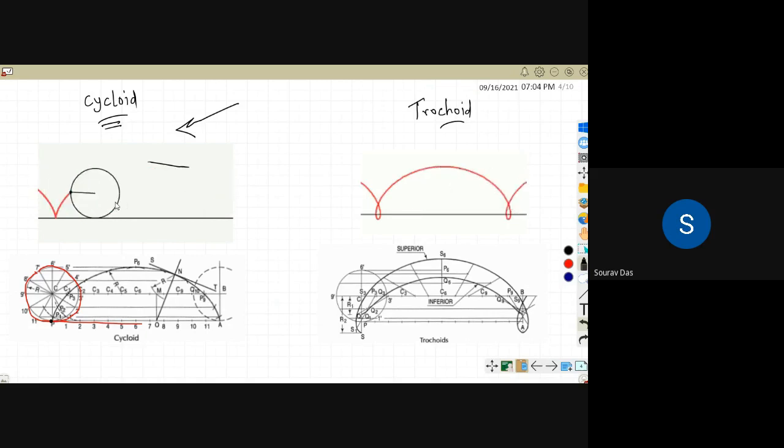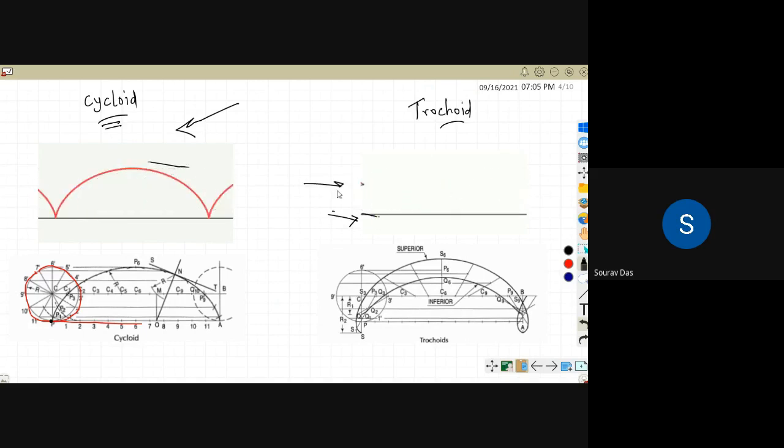A trochoid is a curve generated by a fixed point on the circle which may be inside the circle or outside the circle. In this case the circle is rolling on a straight line. So this black line is the straight line and the circle is rolling on it. The locus made by a point outside the circle or maybe inside the circle.